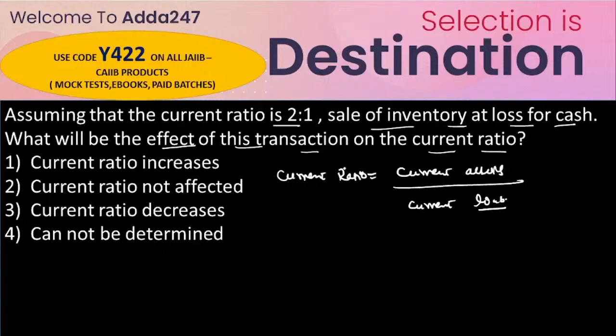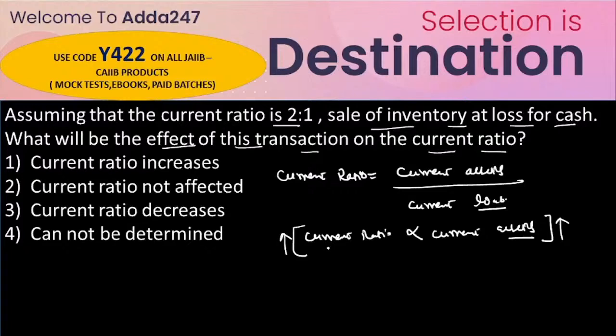So we can say that the current ratio is directly proportional to the current assets. That means if our company's current assets increase, the current ratio will also increase. If the current assets decrease, the current ratio will also decrease.